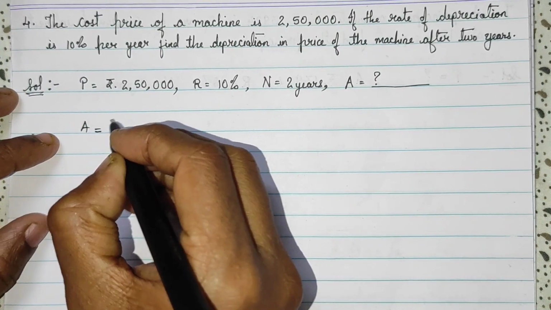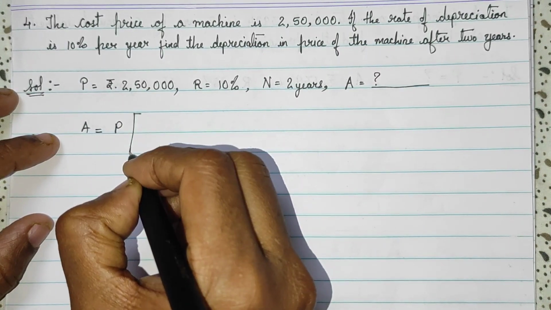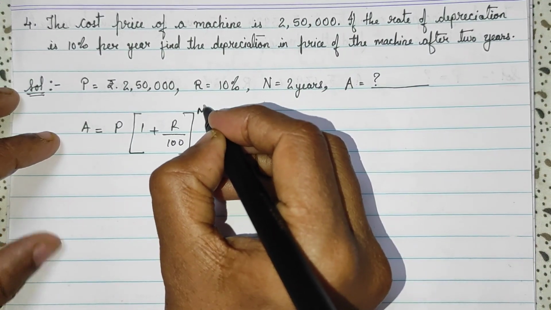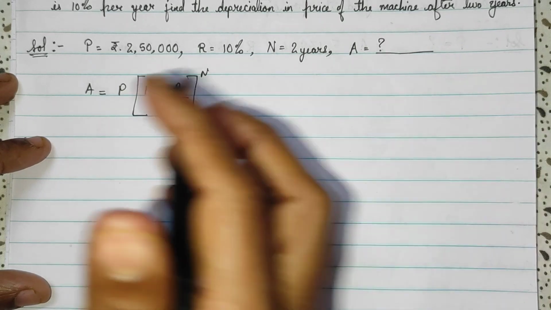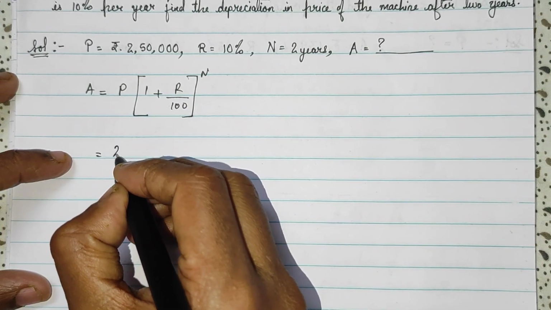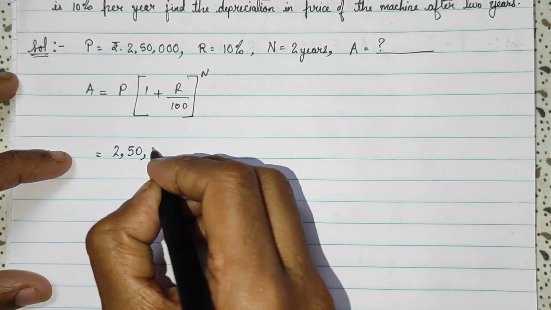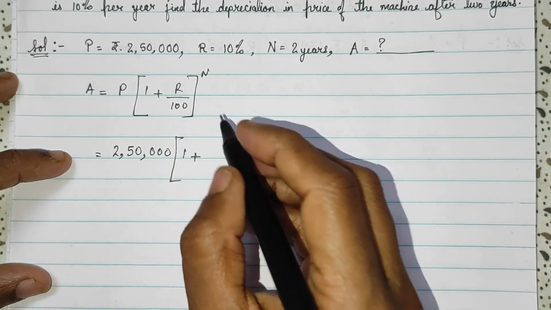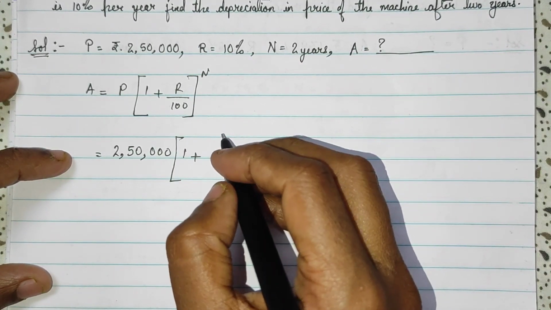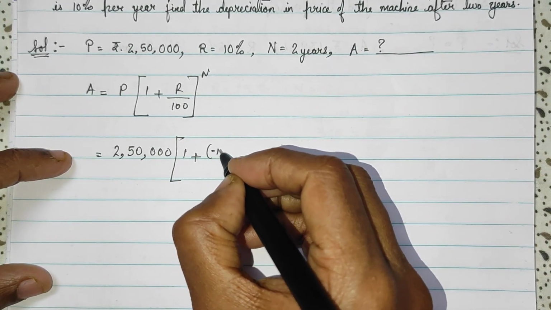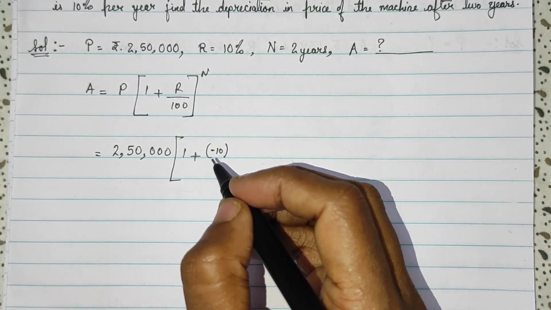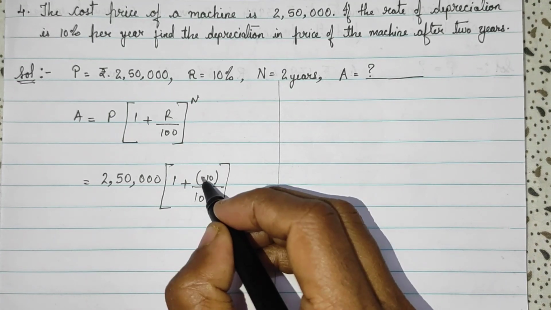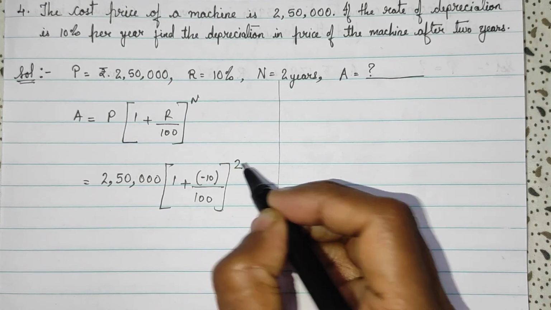Our formula is amount is equal to P (1 + R/100) raised to N. So P we have 2,50,000. 1 plus R. Now R we have 10%, which is decreasing every year. So since it is decreasing, we will write it in subtraction form, and number of years is 2 years.